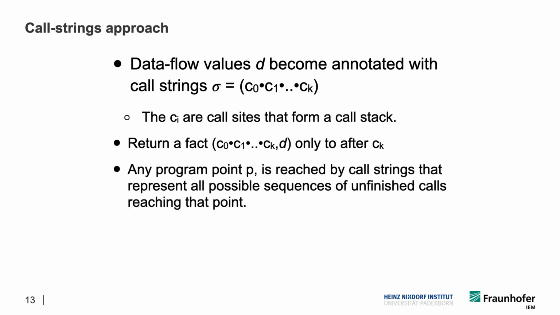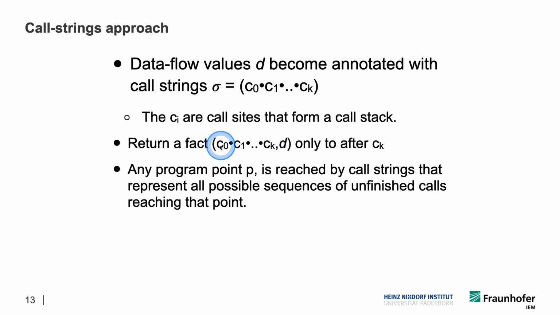And any program point P is reached by call strings that represent all possible sequences of unfinished calls reaching that point, right? So this is now a view of any single statement in the program. Such a statement is a program point P. And this can be reached by a number of different facts, and these facts all have these calling context strings associated.